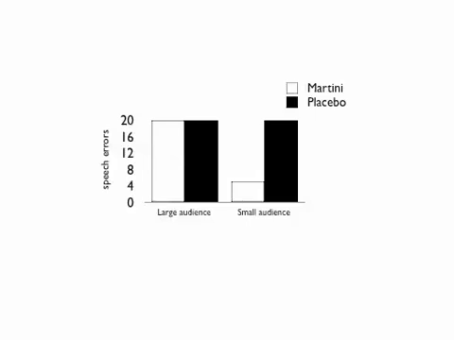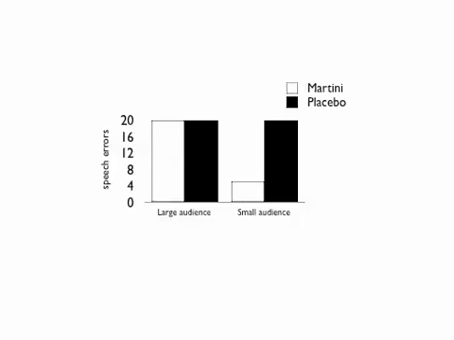And this is a case where you only see an effect of Martini when addressing a small audience. Let me say that a different way. The effect of drink type is seen only when addressing a small audience. So Martinis only decrease errors in front of a small audience, and they don't decrease it compared to the placebo when you're in front of a large audience.